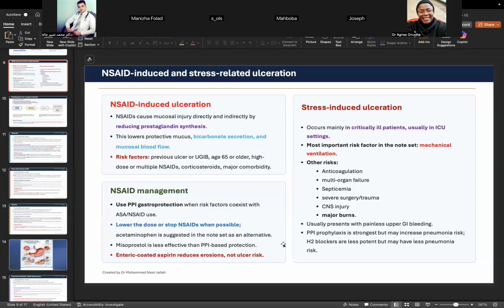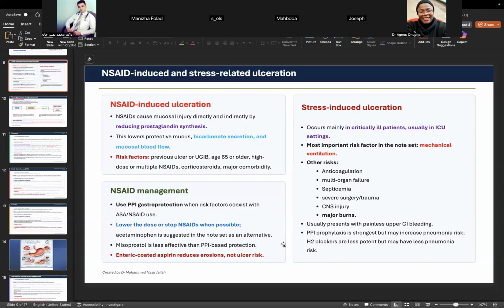For example, the most common clue that they might use is mechanical ventilation. Who is going to be connected to mechanical ventilation? Obviously, somebody who is in coma. So if you're in coma, something bad happened physically to you, right?